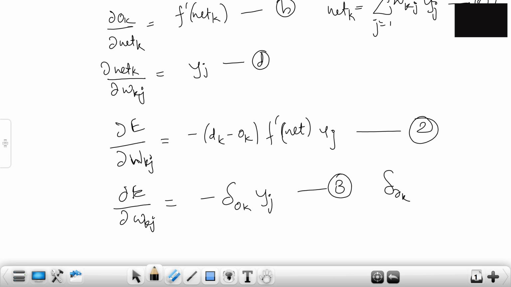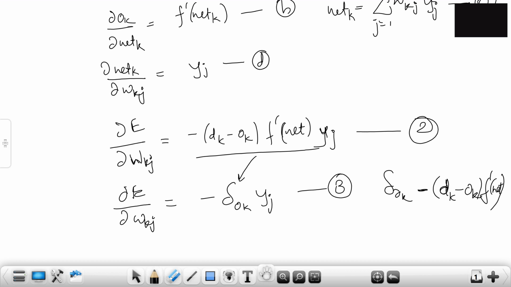Now what is delta_ok? Delta_ok is nothing but (d_k minus o_k) f' of net. This whole part is your delta_ok. So we have reached over here.